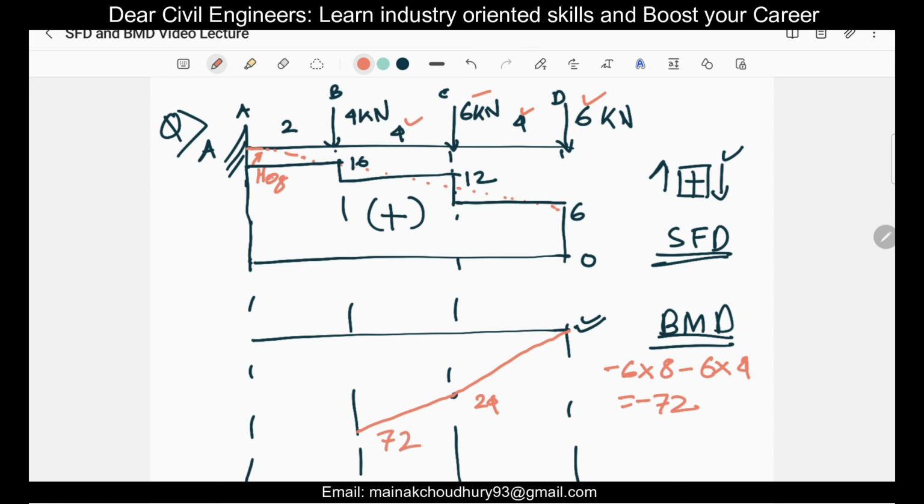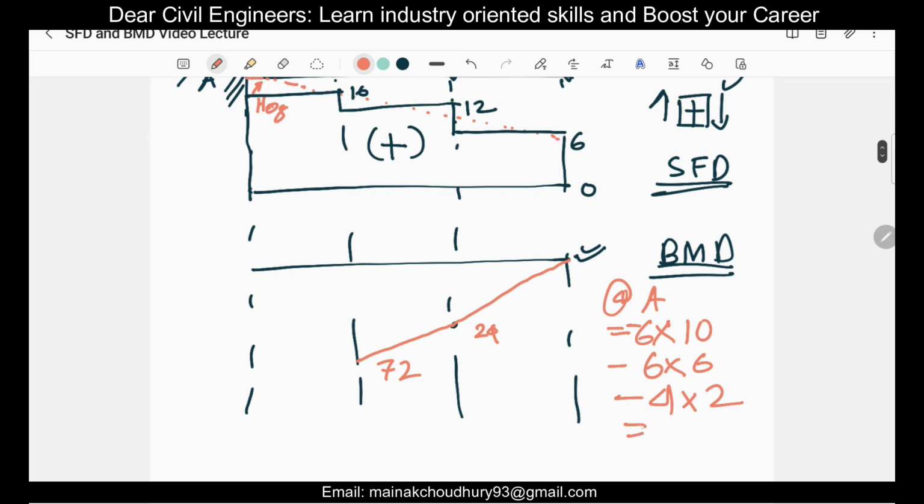Next, if you find out the bending moment at A, it will be minus 6 into the entire length, 2 plus 4 plus 4, so it will be 10, minus 6 into 10, minus 6 into 4 plus 2, that is 6, and minus 4 into 2.